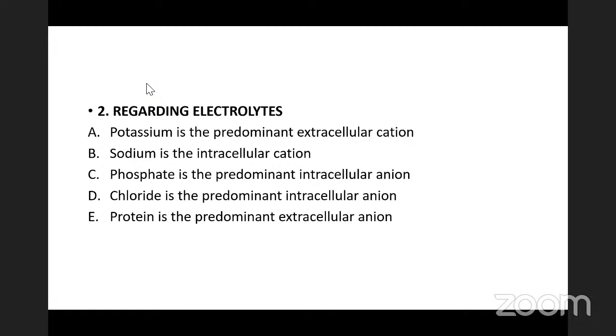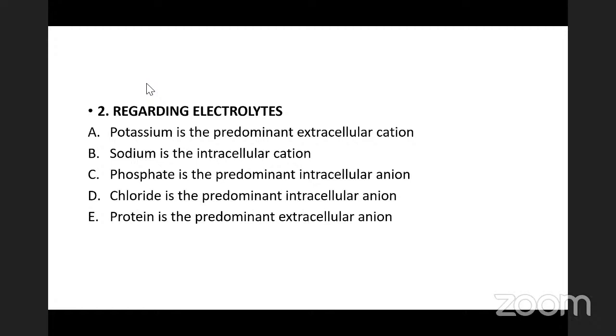Sodium is the intracellular cation. Okay, that is false. That is extracellular. So these options are interchanged. You should know that potassium is the predominant intracellular cation and sodium is the predominant extracellular cation.